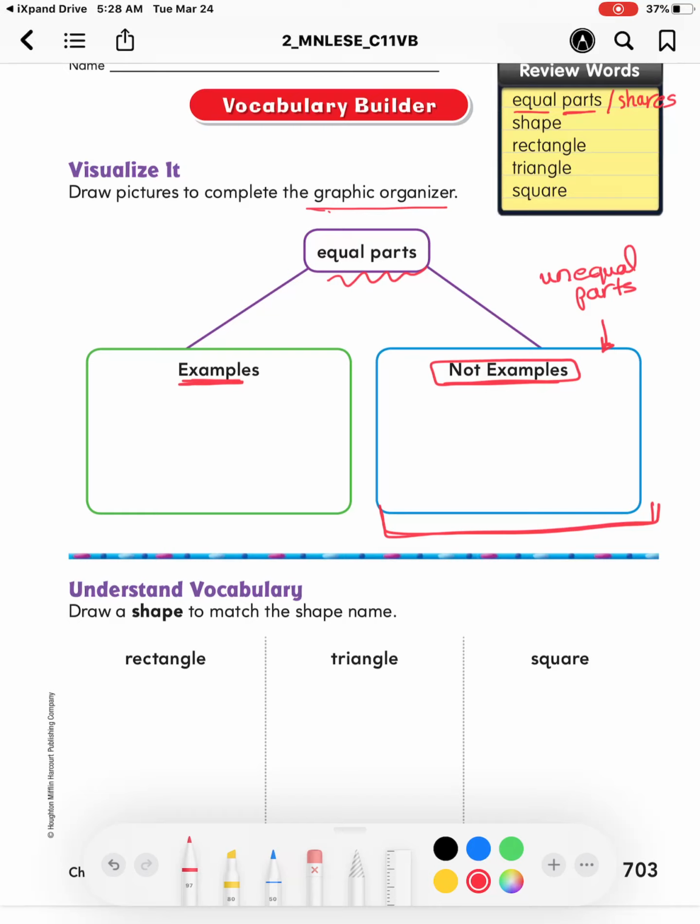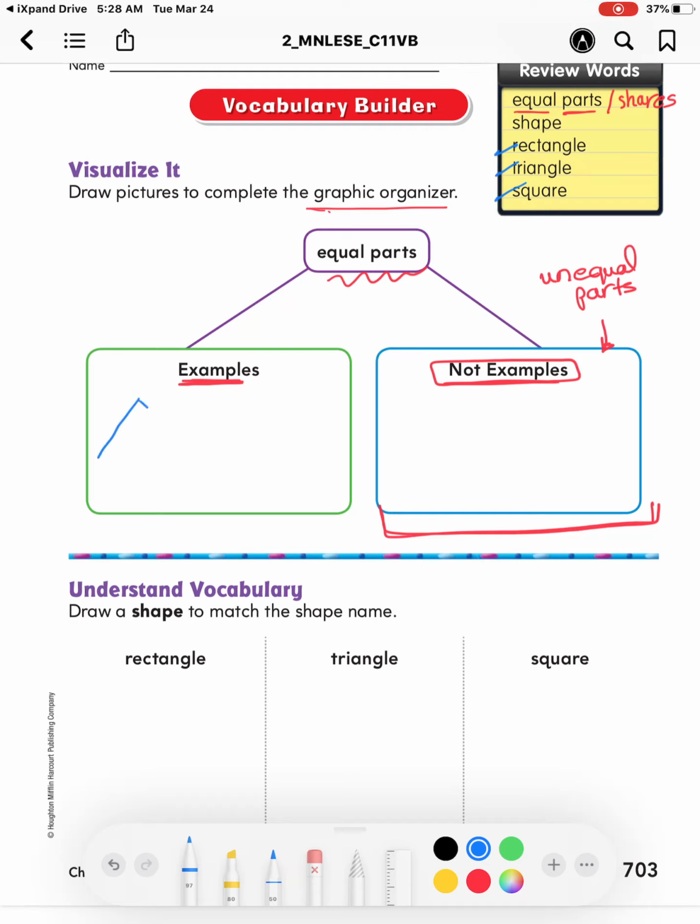So now let's start with the examples of the equal parts. Okay, we have here three shapes, so we will deal with those three shapes. The rectangle, the triangle, and the square.